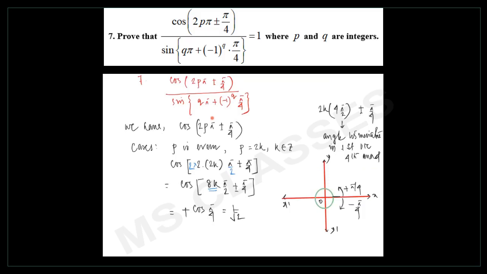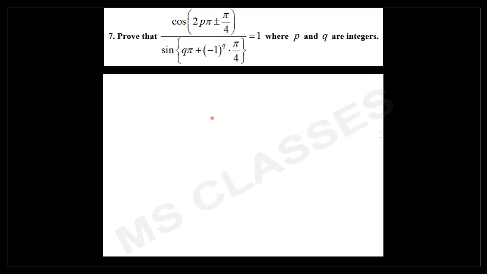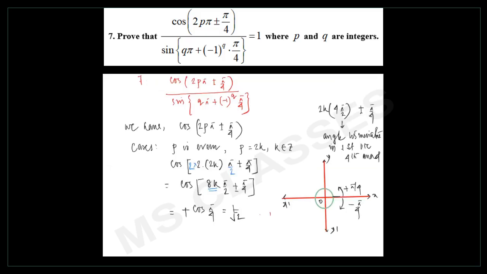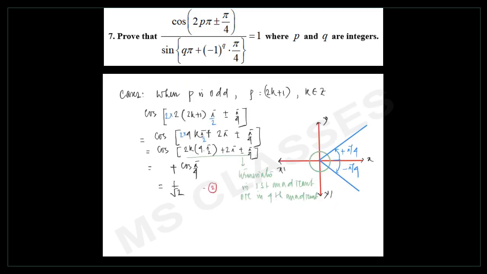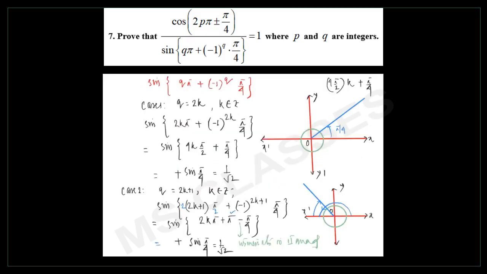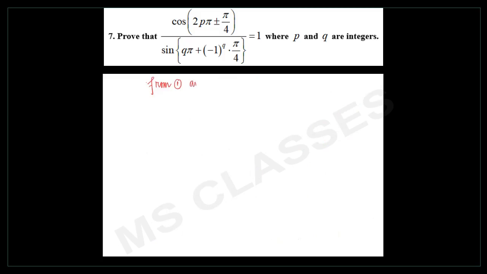So just the concluding line you can write here, that from these, we are taking this one as 1. This one we take as 2. This one we take as 3. And this one we take as 4. So what we can say, that from 1 and 2, cos 2k pi plus minus pi by 4 is 1 by root 2.